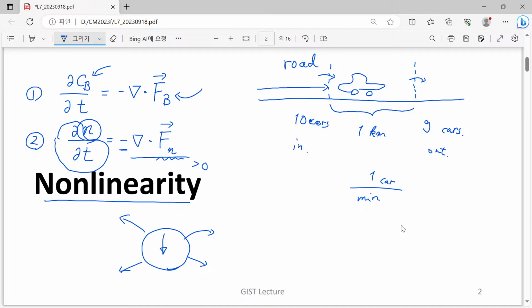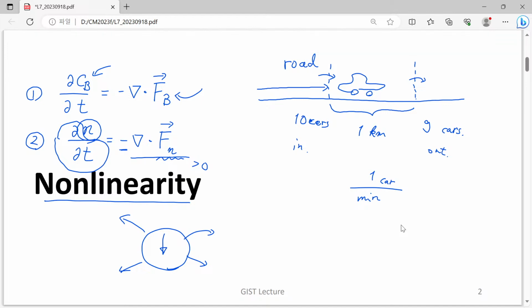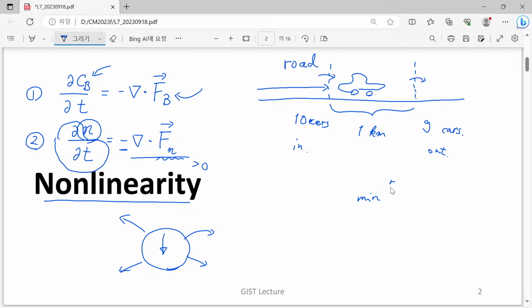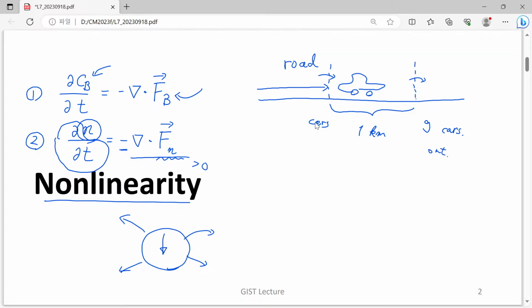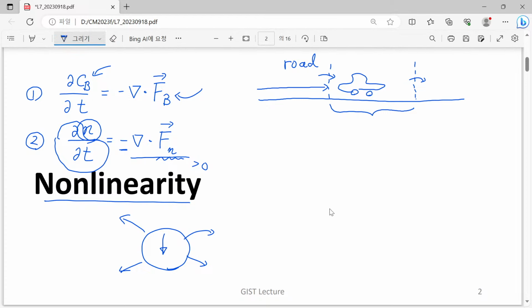That is what the continuity equation specifies. This is quite suitable for your continuity equation. But instead of that, now think about this. If we are interested in the number of cars here, then it's okay. But let's think about this one.